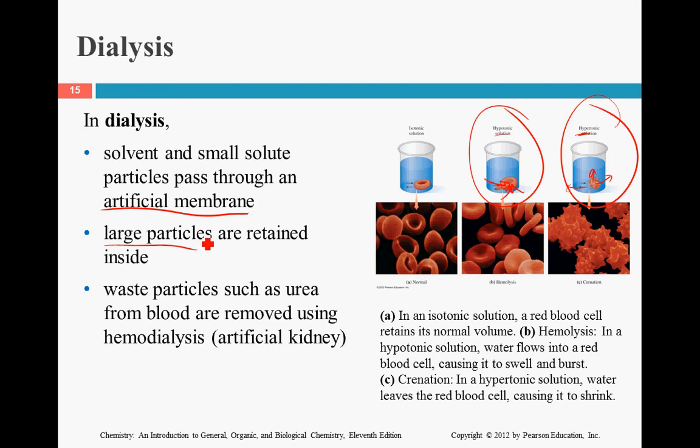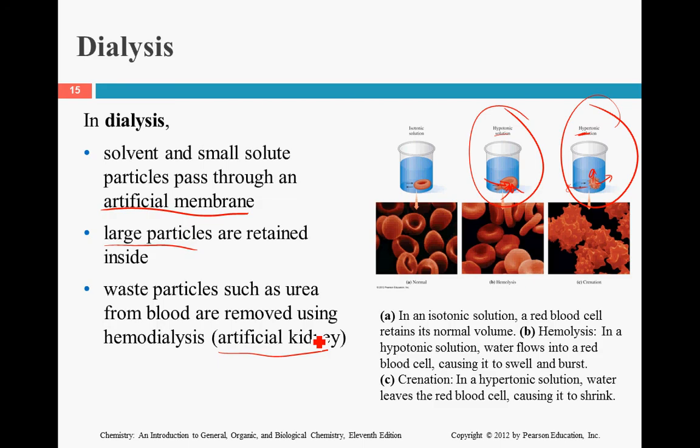But this is a way for somebody who has kidney issues to remove bad things from the blood, so that way they can stay healthy. And that is the end of section 6 and chapter 7 in general.